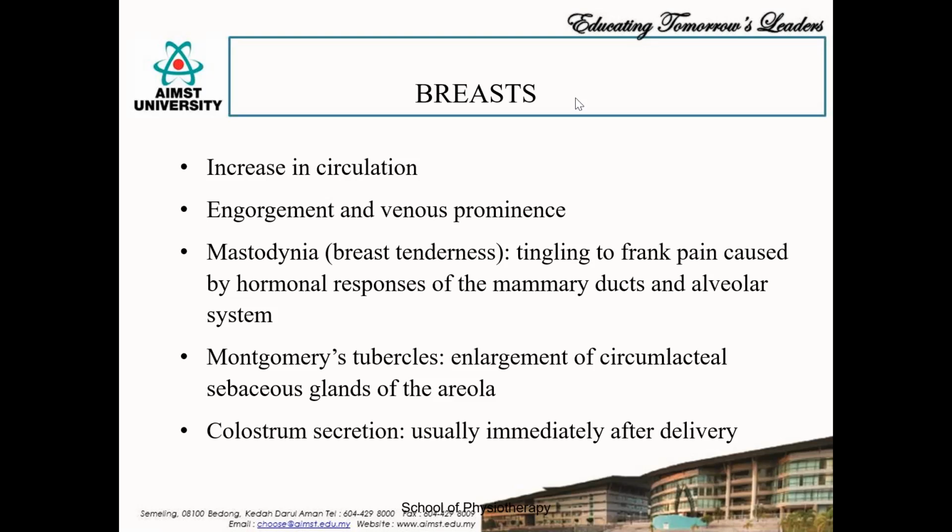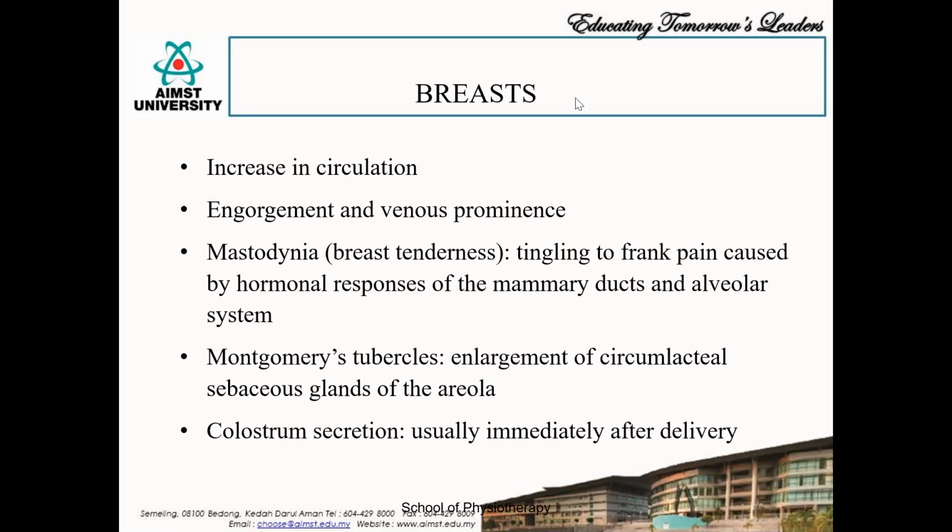Sometimes some people will have breast tenderness, but most of them will not have this kind of tenderness. This tingling sensation is because of the blood flow to the glandular tissues and the other tissues present in the breast. And there will be a tubercle called Montgomery's tubercle present in the nipple area.